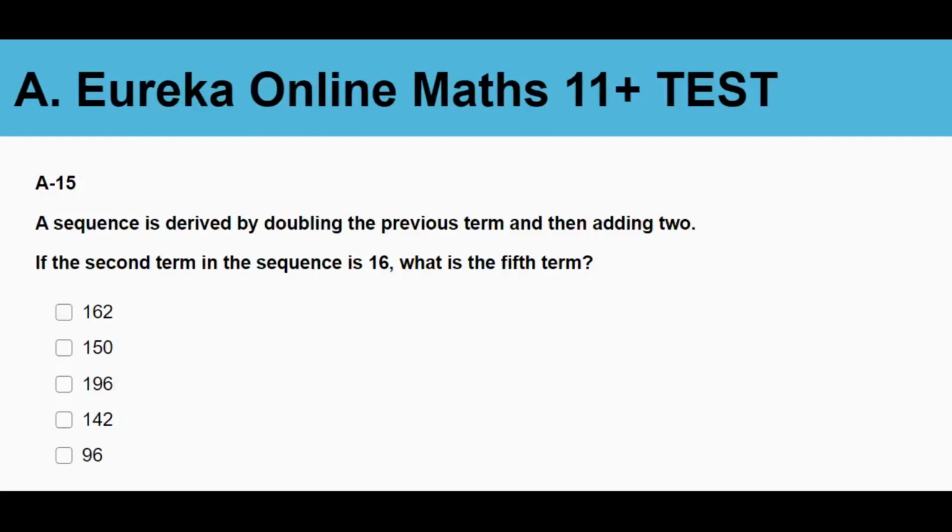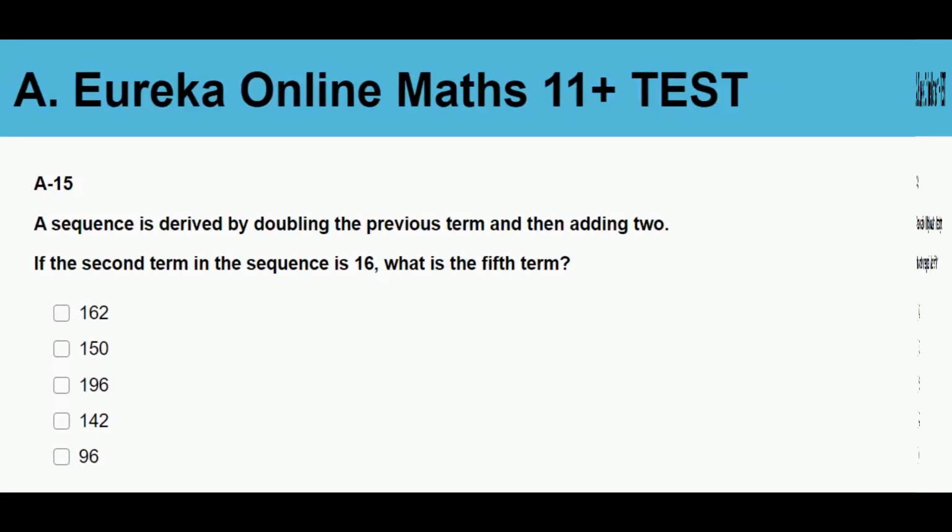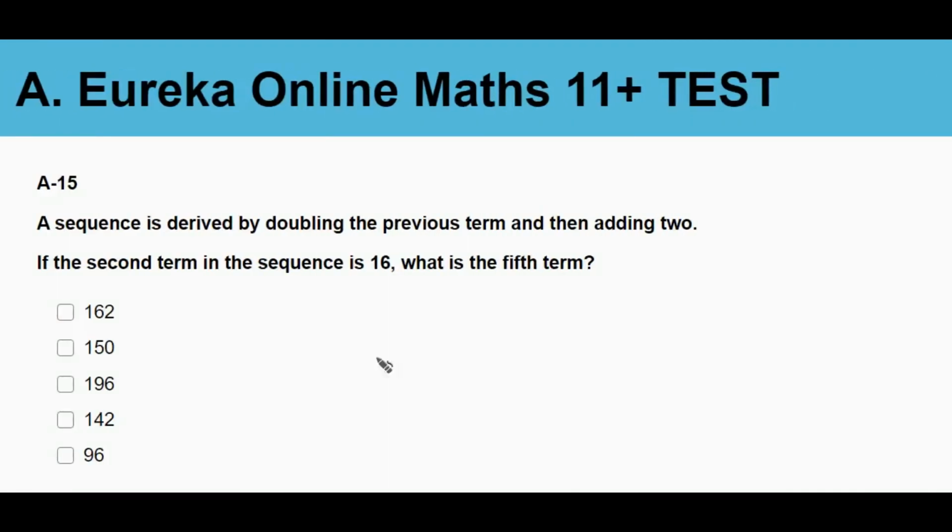A sequence is derived by doubling the previous term and then adding 2. If the second term in the sequence is 16, what is the fifth term? Right, it says the rule of this sequence is doubling the previous term and then adding 2.